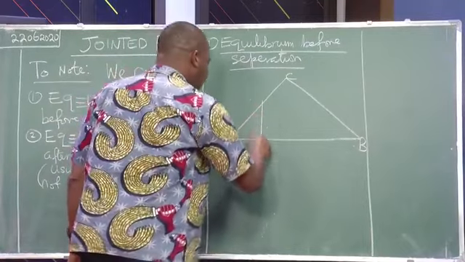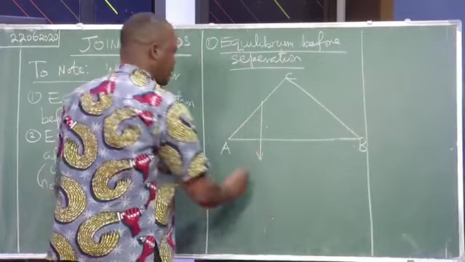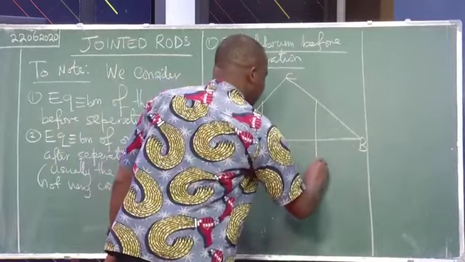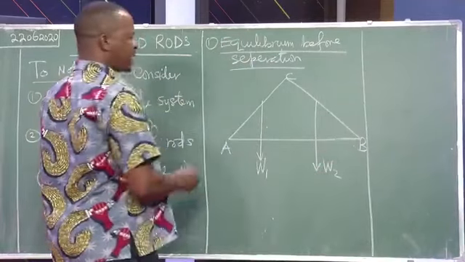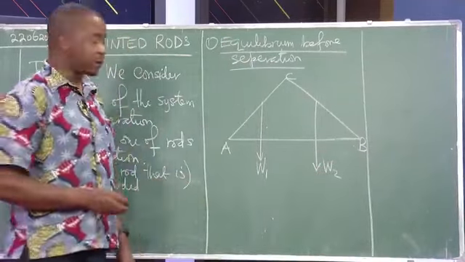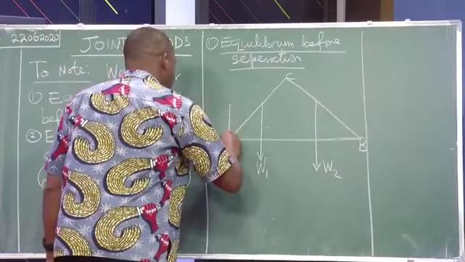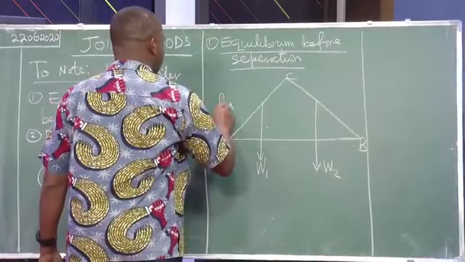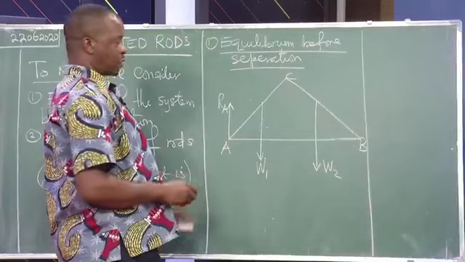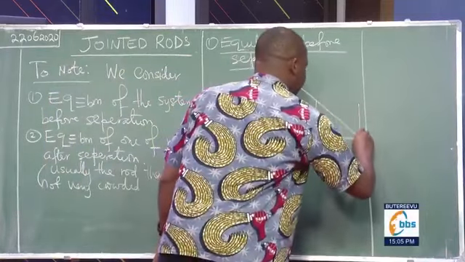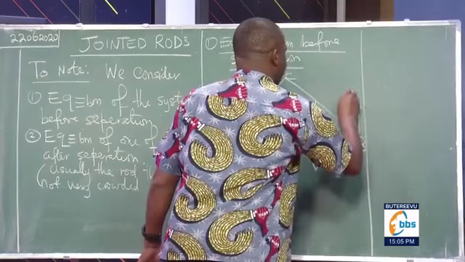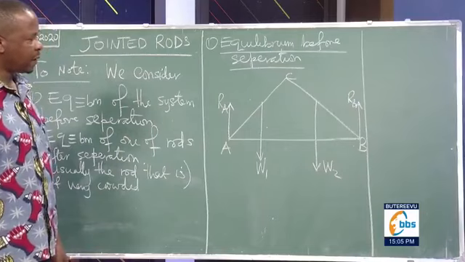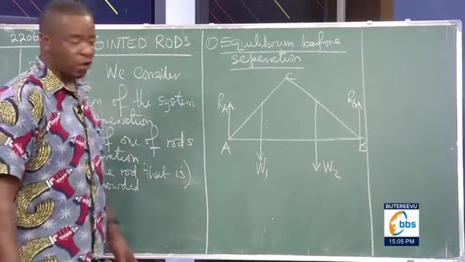If this rod AC has a weight, say W1, and rod BC has a weight, say W2, then the other forces that will act on these rods will be the reactions at the points where we have the string joining the two rods. At this point, we'll have a reaction which we can call R subscript B. C is a point where the rods are jointed.